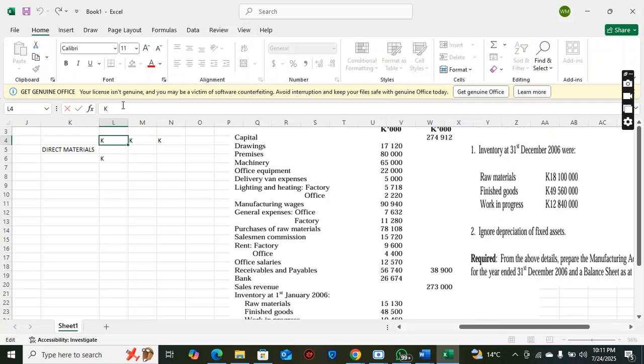Overheads, these are the indirect costs. These costs cannot be easily traceable to the finished product. Direct materials and direct labor, you can easily trace to the finished product, but the overheads you cannot. So think of overheads as the indirect factory costs.